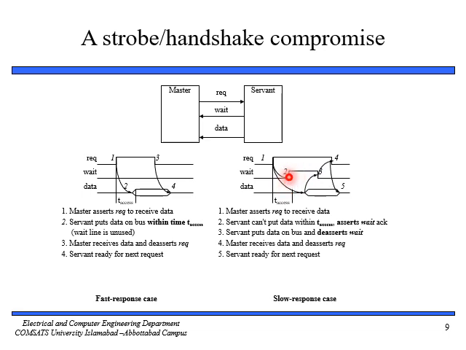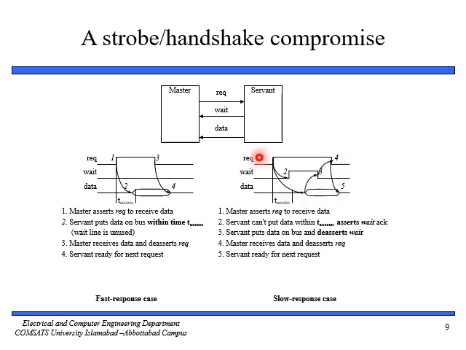At 3 servant puts data on bus and deasserts wait. At 4 master receives data and deasserts the request signal, and at 5 the servant will be ready for the next request.